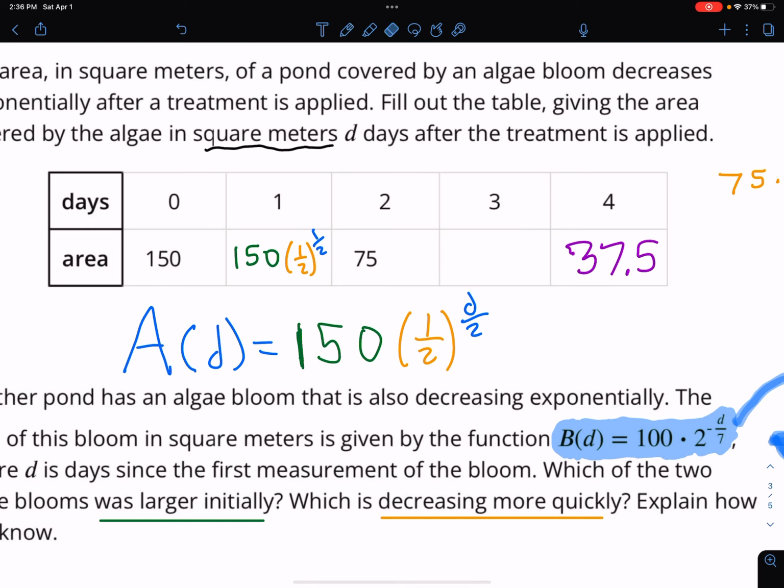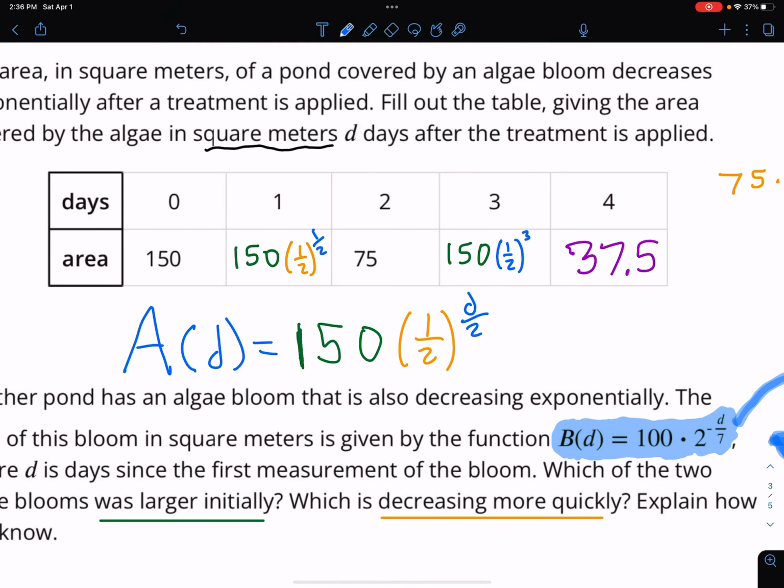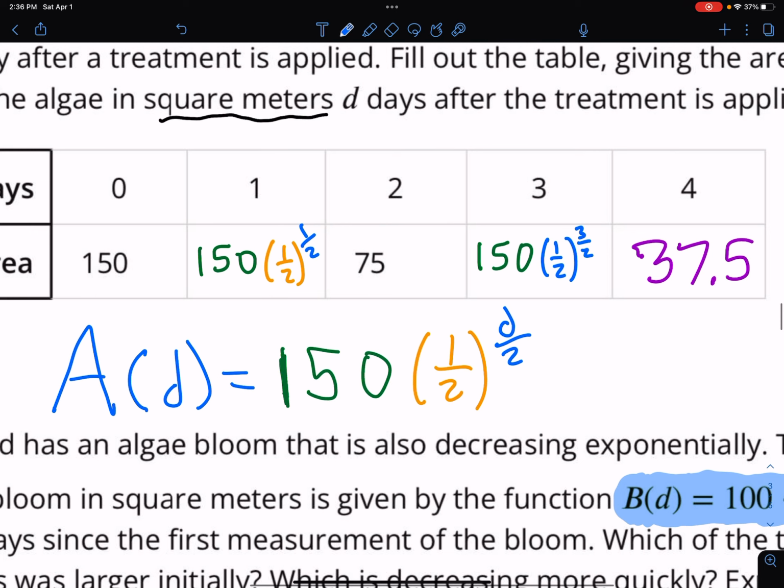Or you might be the kind of person that just likes to say, hey, we started at 150. And we're going to be multiplying times 1/2 each day that goes by. And 3 days have gone by. 3 halves. Cool. So you could write this. 3 days out of the 2 have gone by.